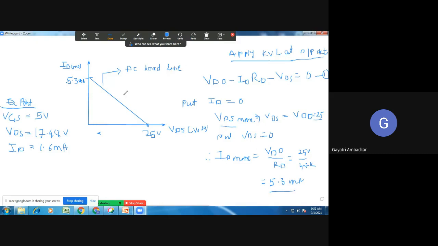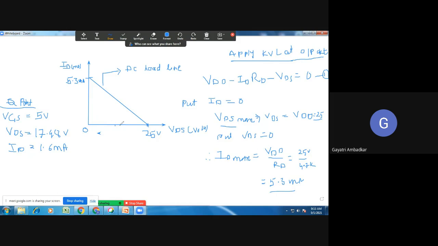Now you know that your operating point will be on the DC load line. Now you have to show it. What is the value of VDS you are getting? 17.48. So if this end is 25, this is the origin, the middle part will be 12.5.